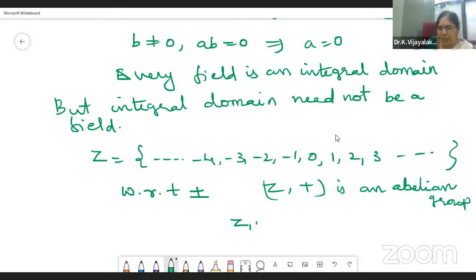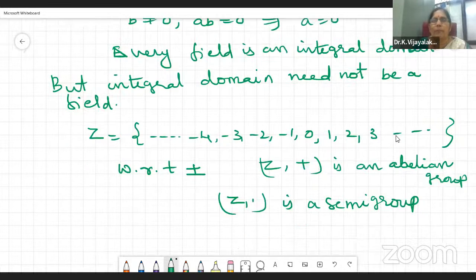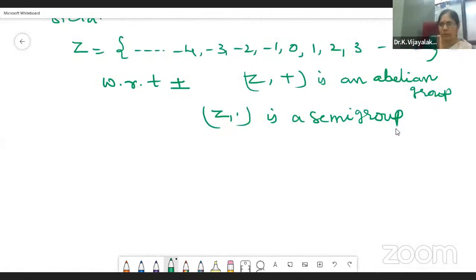And we know that (Z, ·) is a semi-group.